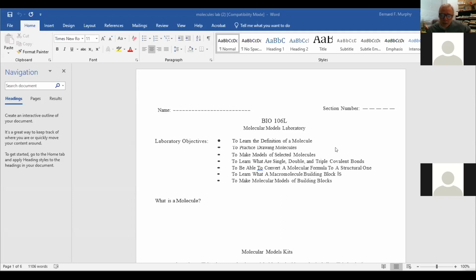Be able to convert a molecular formula to a structural one. Remember, the molecular formula is what atoms are participating in a molecule and how many of them there are. But then you have to be able to convert that to a structural formula, that is, how the atoms are attached to each other.